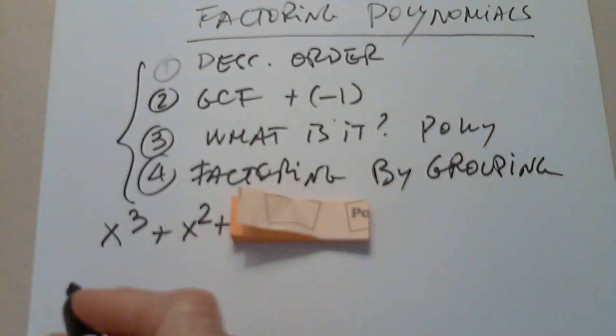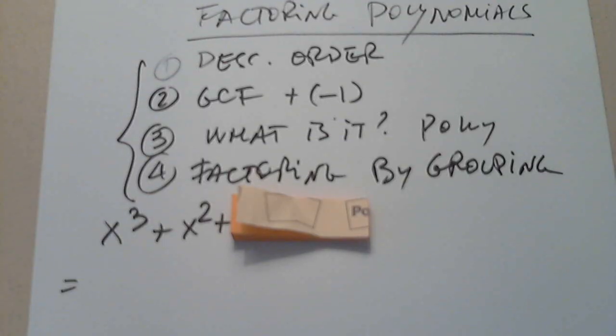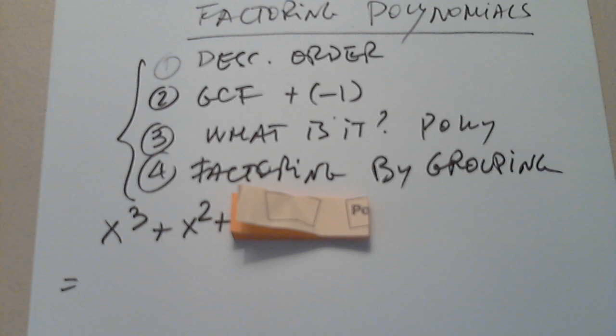What will I factor out from the first 2? What is the greatest common factor to both first terms, to the first 2 terms? Anyone, please?